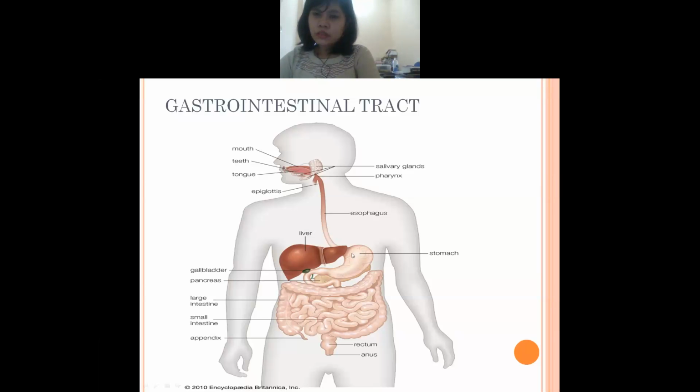J shape. Okay. What is the length of the small intestine? Sajarika, what is the length of the small intestine? 22 foot long. Okay, 22 foot long. Okay. Next questions.